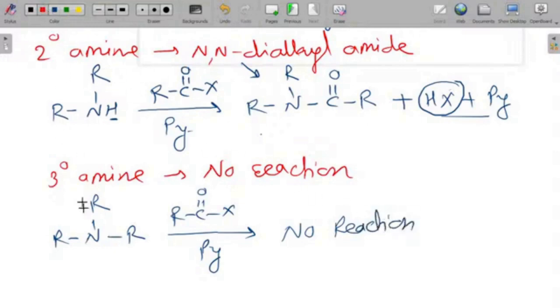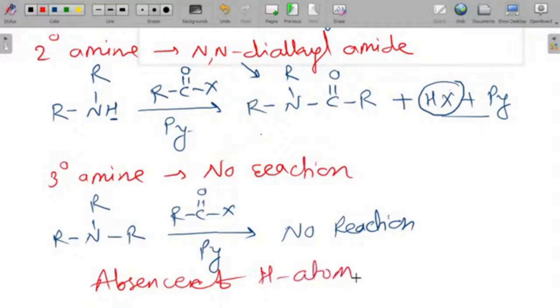Because of absence of hydrogen atom. This nitrogen does not contain any hydrogen atom, so for the formation of HX, there is no hydrogen atom.